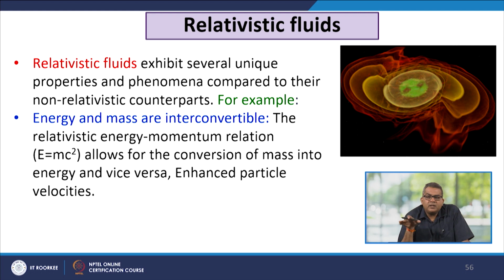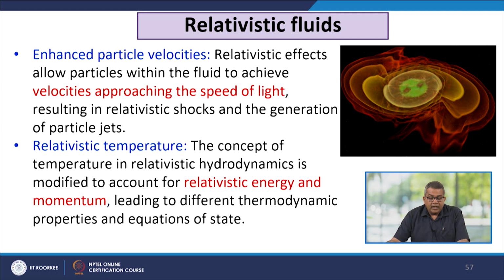For example, energy and mass are interconvertible. The relativistic energy-momentum relation, E equals mc squared, allows the conversion of mass into energy and vice versa. Enhanced particle velocities: the relativistic effects allow the particles within the fluid to achieve velocities approaching the speed of light, resulting in relativistic shocks and generation of particle jets.